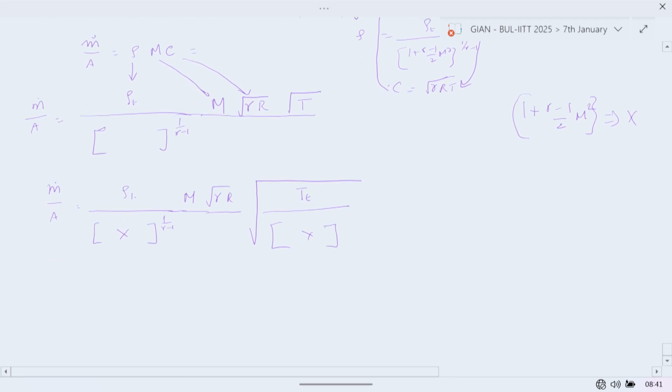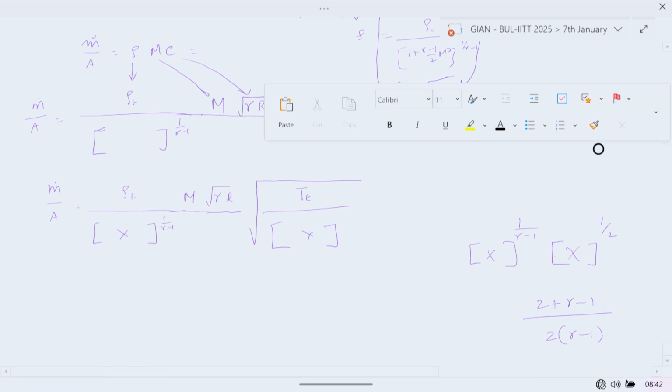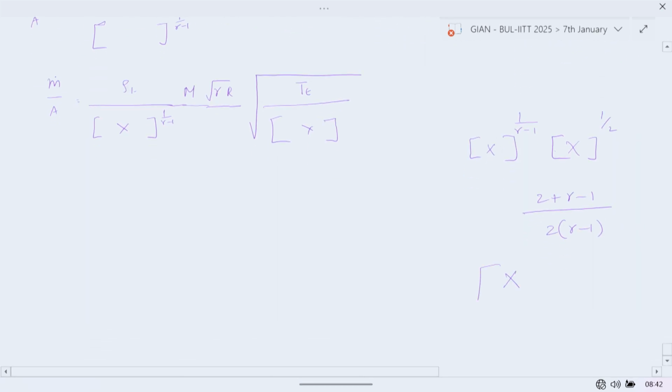So now you can see that the denominator terms are x power 1 by gamma minus 1 into x power 1 by 2. So it is basically x power (2 plus gamma minus 1) by 2 into (gamma minus 1). So this is basically x power (gamma plus 1) by 2 into (gamma minus 1). Are you able to follow what I'm trying to do, all of you? Yeah.